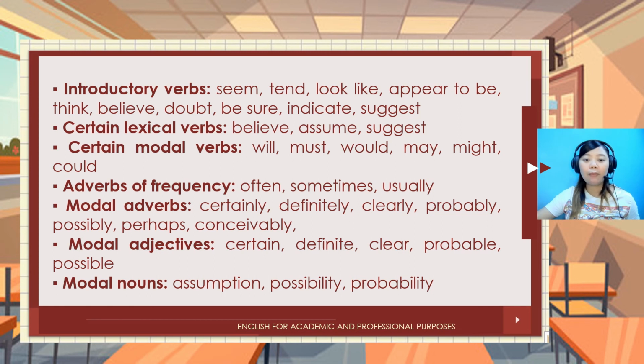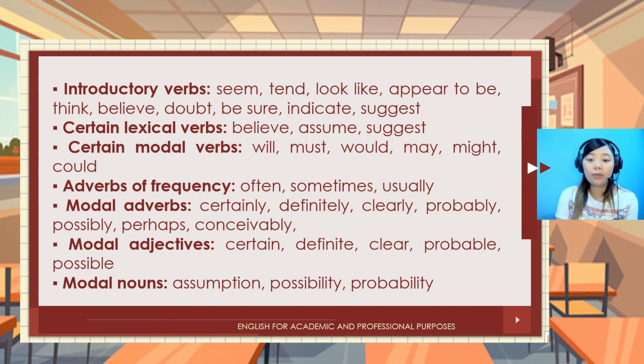So here are some of the words that you can use to avoid generalization. So we have introductory verbs like seem, tend, look like, appear to be, think, believe, doubt, be sure, indicate, or suggest. Second, certain lexical verbs, we have believe, assume, suggest.